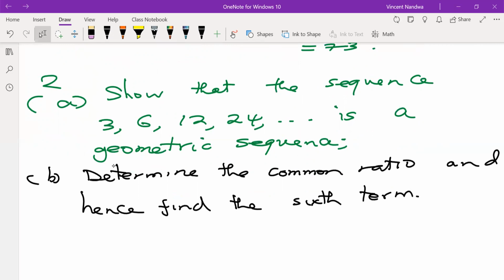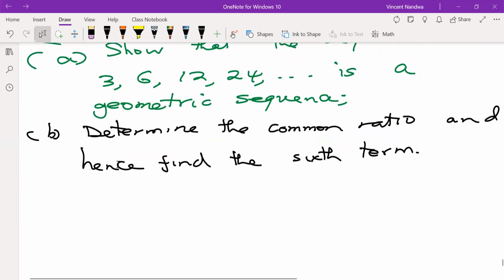So what we have to show is that the ratio of consecutive terms is uniform.